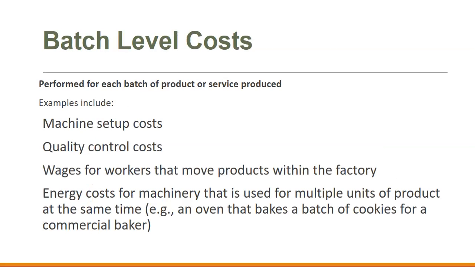Then batch level costs are things like machine setup costs. So a machine setup cost will be when we set up a machine to run a group of items or a batch of items. So for example, if we're in the textile industry or we're making clothing, we might load a machine, so our machine setup, with blue fabric.